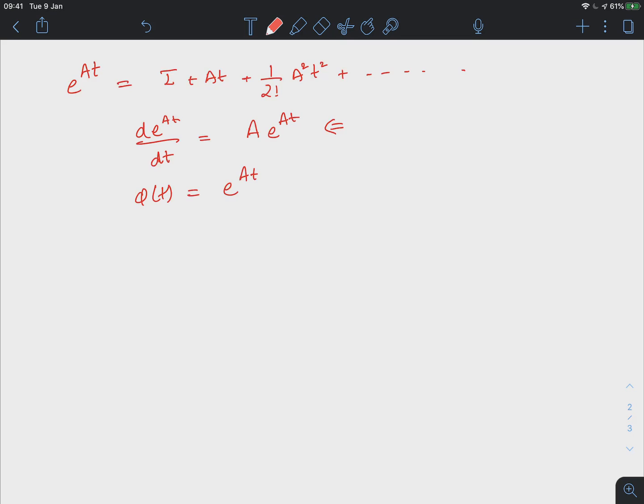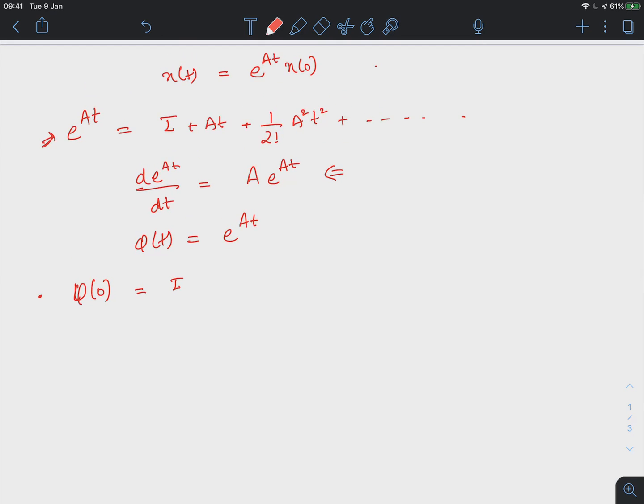Now whatever the properties of the matrix exponential are, those will become the properties of the state transition matrix. One of the properties is that if I put t is equal to 0, if I compute the state transition matrix at t is equal to 0, that is phi of 0, I would obtain the identity matrix, and you can verify this by putting t is equal to 0 into this equation.